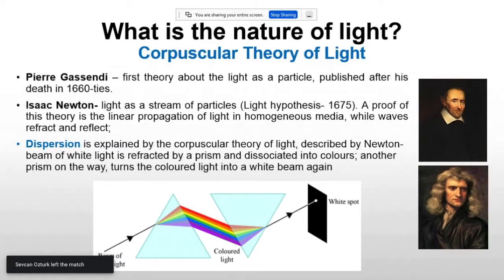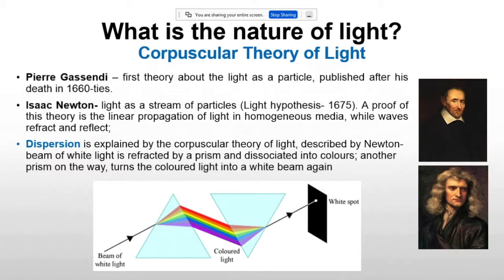It was published after his death. And Isaac Newton was a great supporter of this theory. As proof of this, he points to the linear propagation of light in homogeneous media, while waves refract and reflect. So unlike waves, light has this quality of a particle, this linear propagation in homogeneous media.